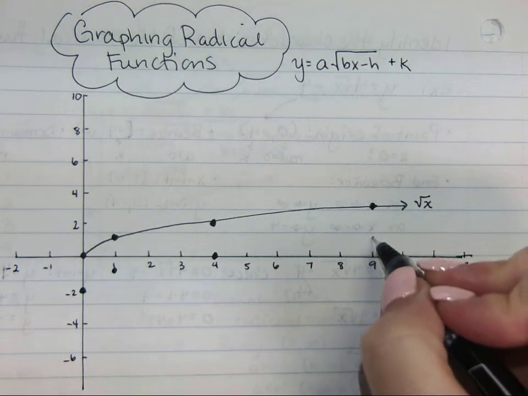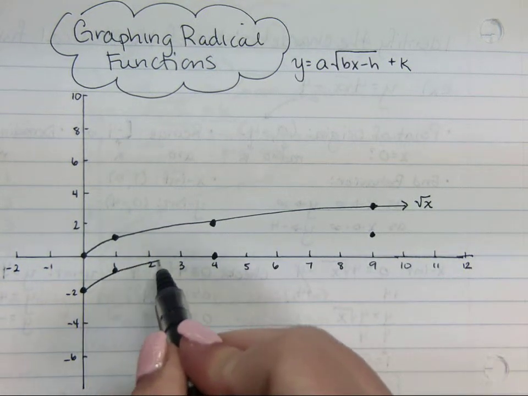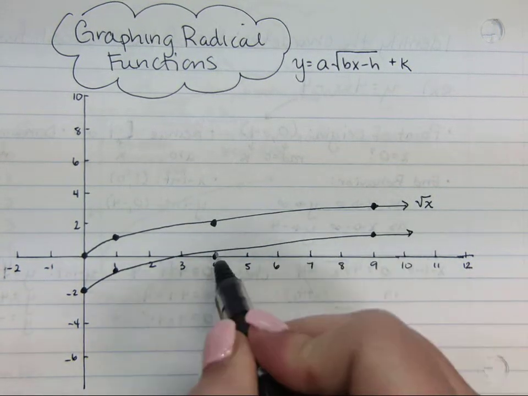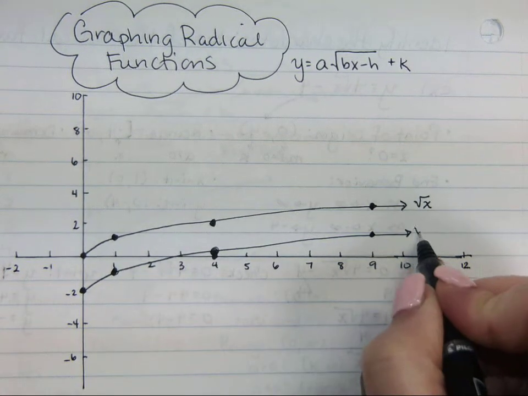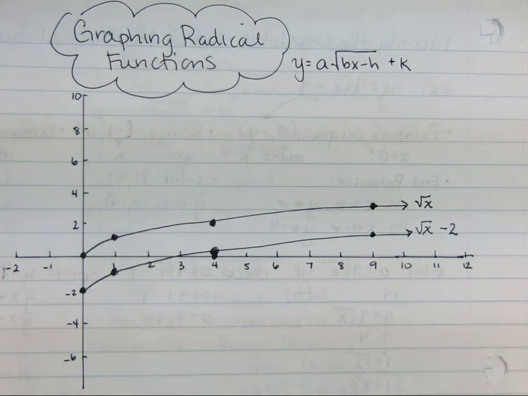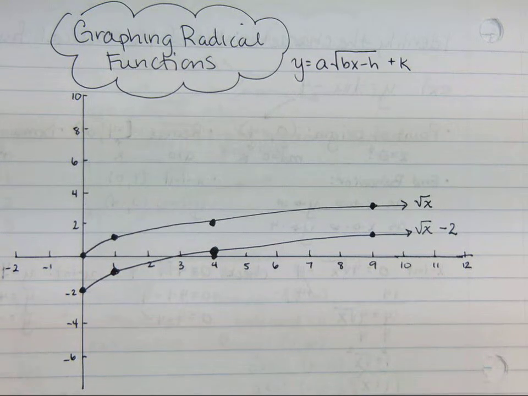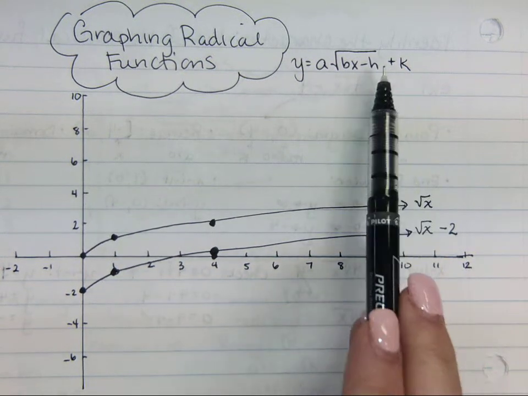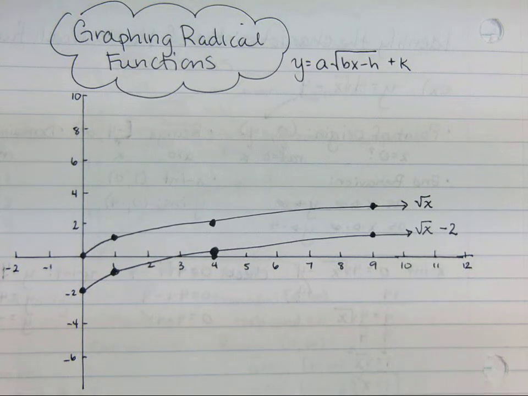Then what I have now is another root function, the square root of x shifted down by 2. And so when you think about these graphs, the k value, because it just shifts up and down, all it does is change the y value down by 2.